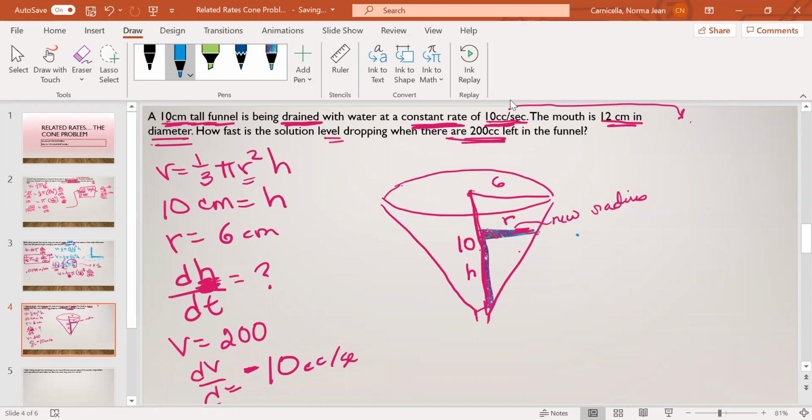So I have the volume is equal to 1/3 pi times radius squared.